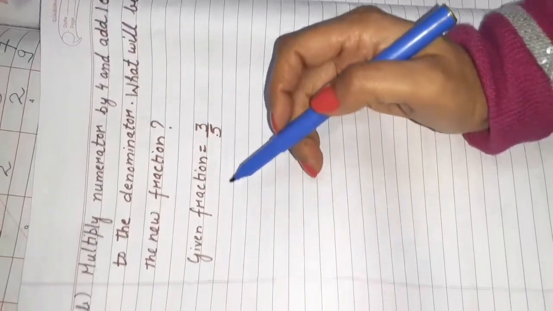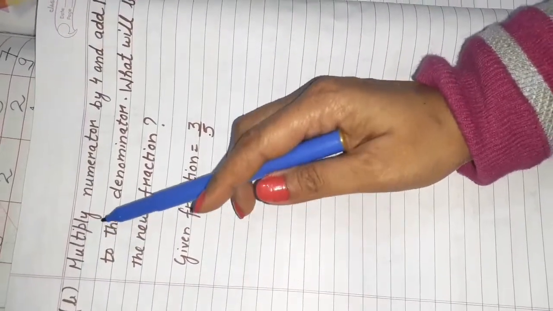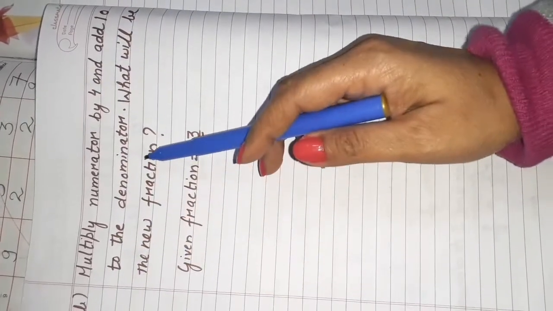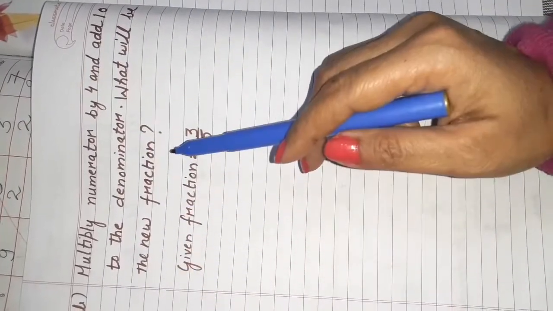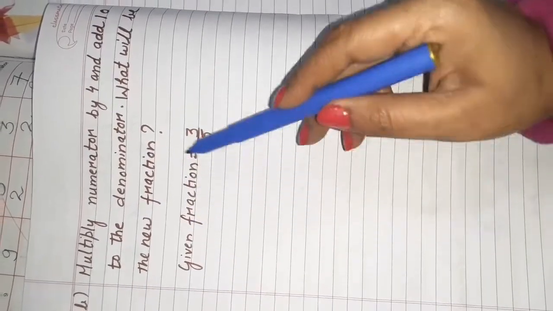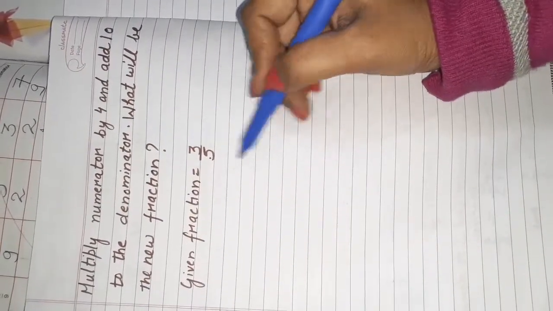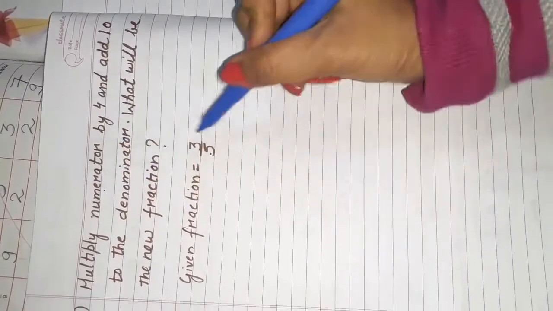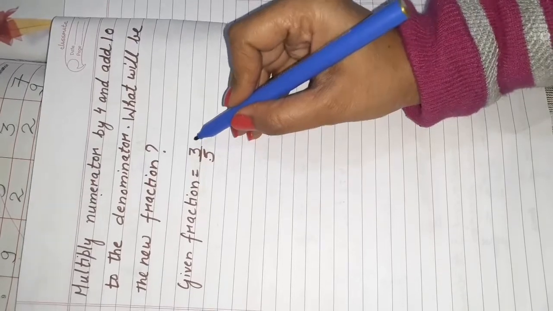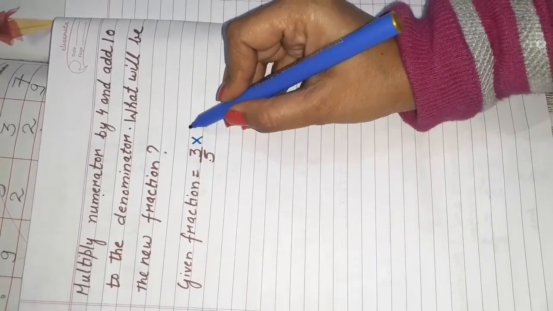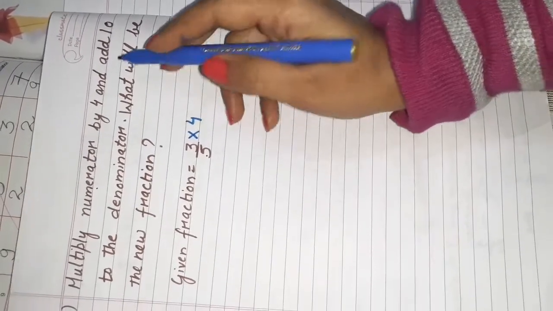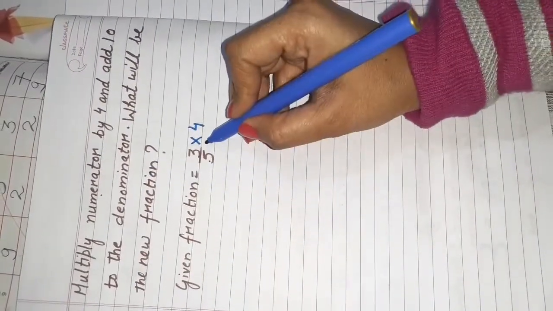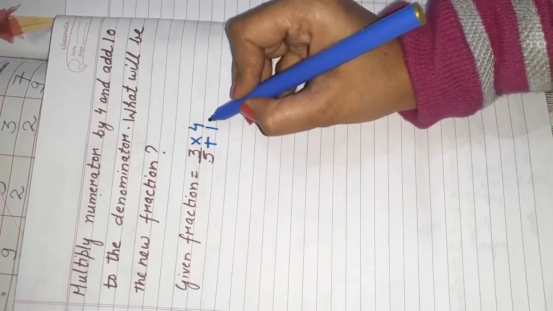Now in B part, question is multiply numerator by 4 and add 10 to the denominator. What will be the new fraction? So again you are given a fraction, that is your 3/5. So you have to multiply numerator by 4 and add 10 to the denominator.